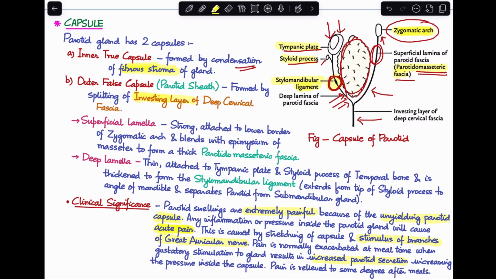That is why you feel more pain in case of parotid swellings. You feel more pain during the time of meal, and the pain is relieved somewhat, not completely, after the meal is over when the parotid secretions have decreased. So this is the importance of knowing about the capsule of the parotid gland. This is the clinical significance.